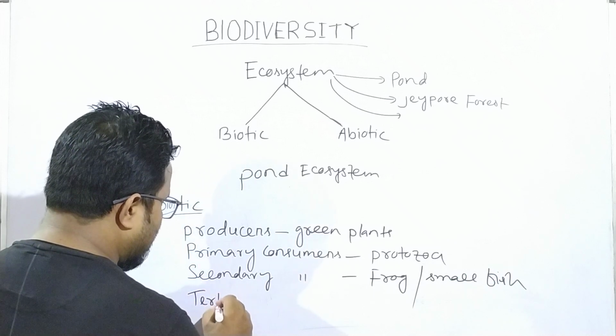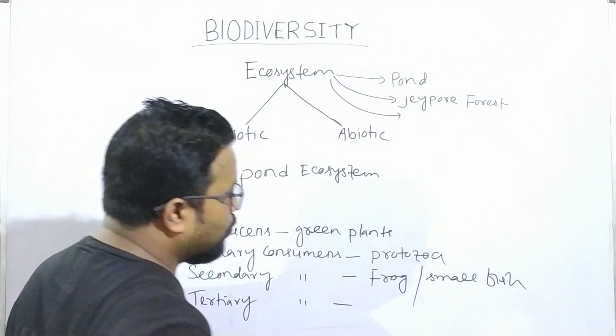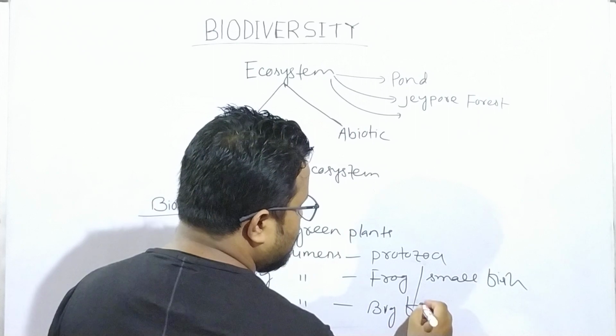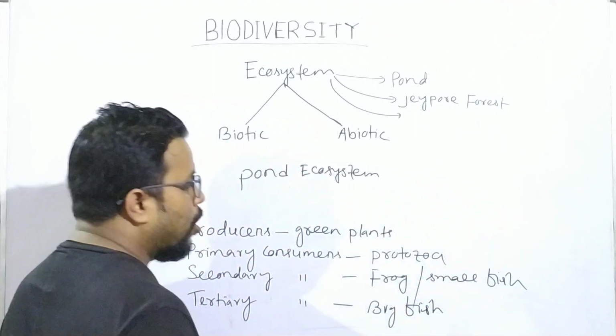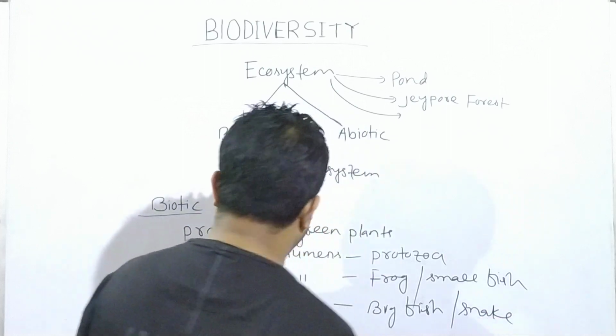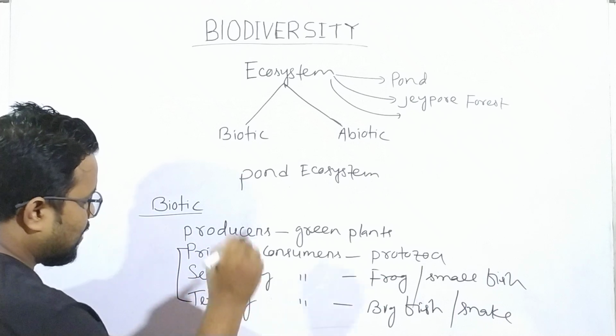Then we have tertiary consumers. We can take the example of a big fish, or we can take the example of a snake. Snake is also an example of tertiary consumers. These three are all consumers.